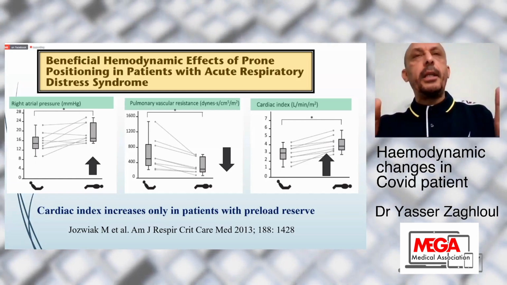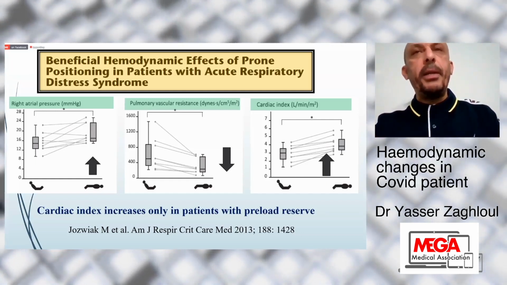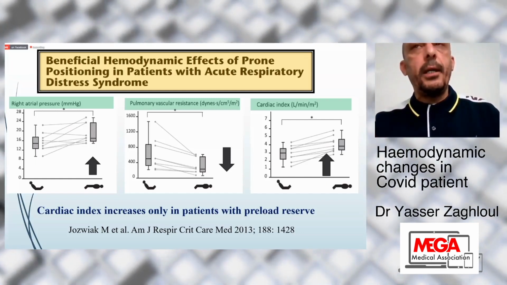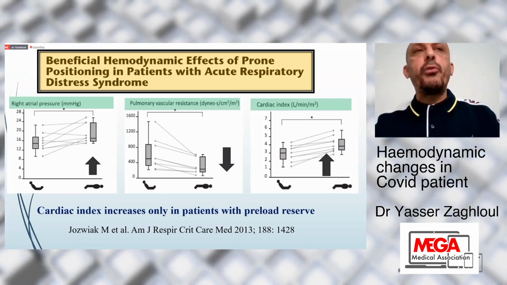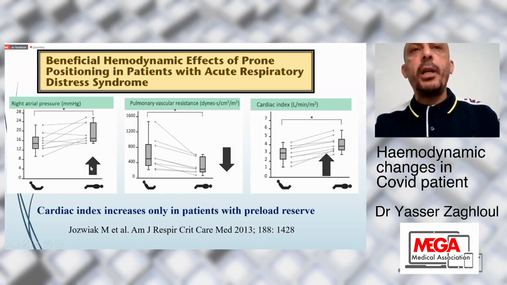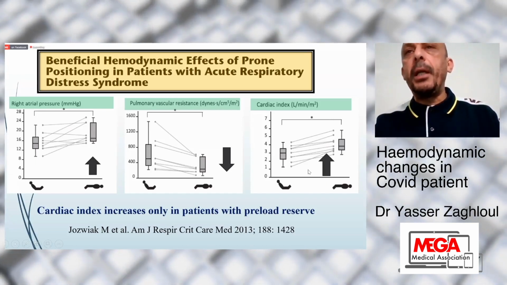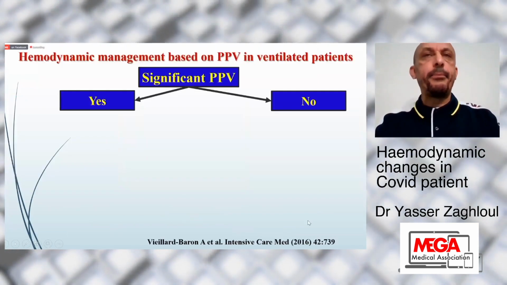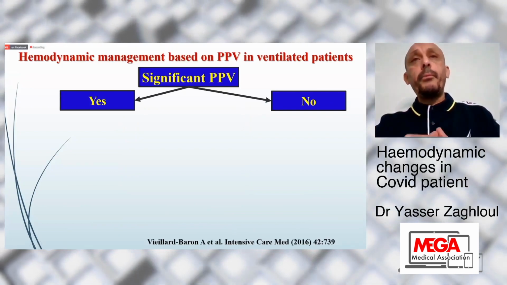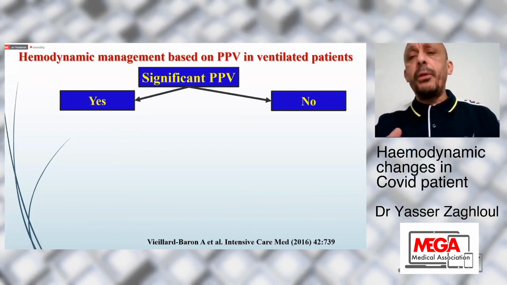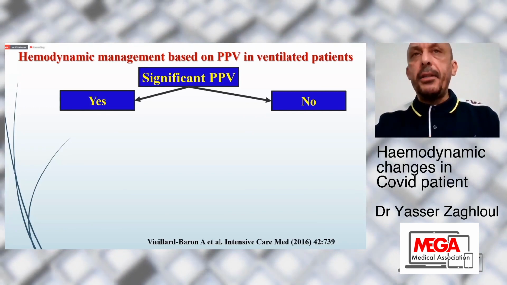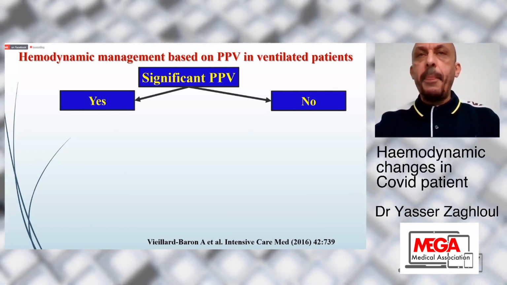So to summarize, the prone position has a beneficial effect on oxygenation, but it may also increase the right atrial pressure, reduce the pulmonary vascular resistance, and increase the cardiac index. Now, it is very common to use dynamic indices to manage your patient.